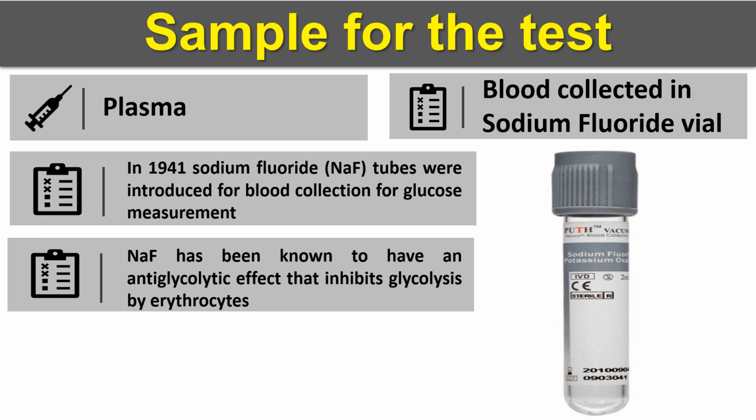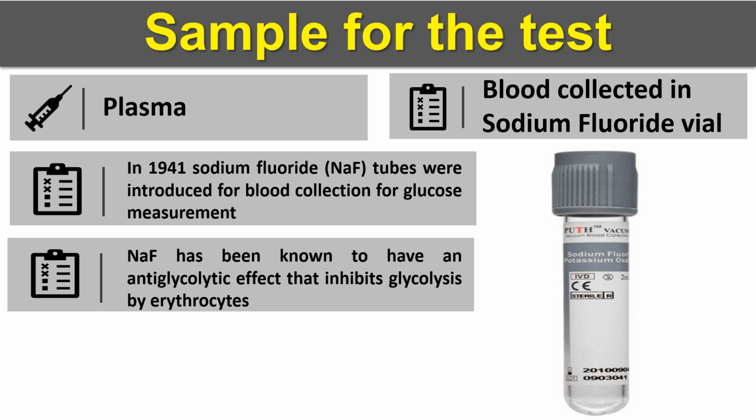So what is the use of sodium fluoride? Sodium fluoride inhibits glycolysis, which is the glucose breakdown. If you have collected a blood sample and perform glucose estimation after some time, some of the glucose will be metabolized through glycolysis, so the glucose you measure will come out slightly lower. That is why we use the sodium fluoride vial, where glycolysis is inhibited.